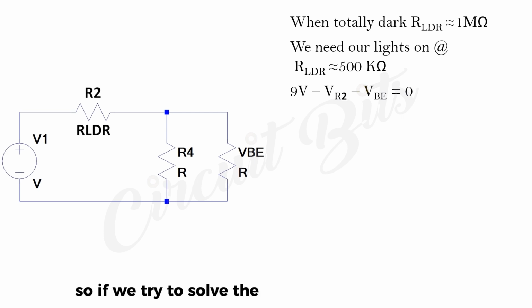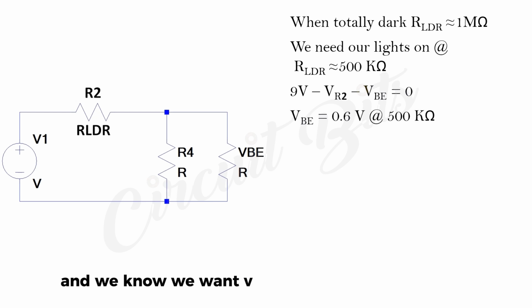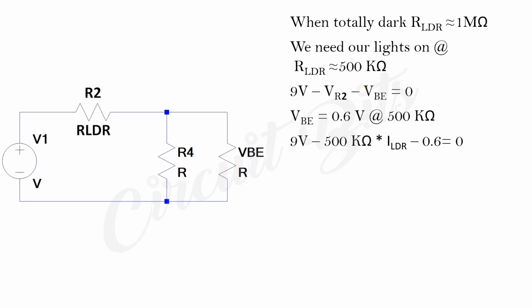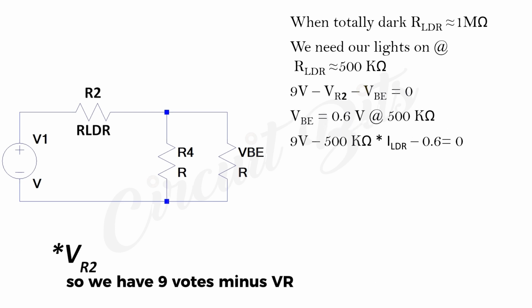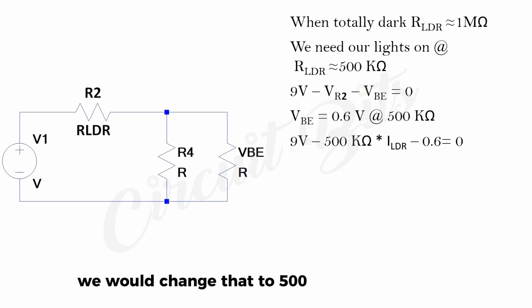So if we try to solve the voltages across this circuit, we have 9 volts minus VRO1 minus VBE. And we know we want VBE to be 0.6 volts at 500 kilo ohms. So we solve for ILDR by bringing it into the equation. So we have 9 volts minus VRO1, which is the same as our VLDR. We would change that to 500 kilo ohms times ILDR, which is voltage.